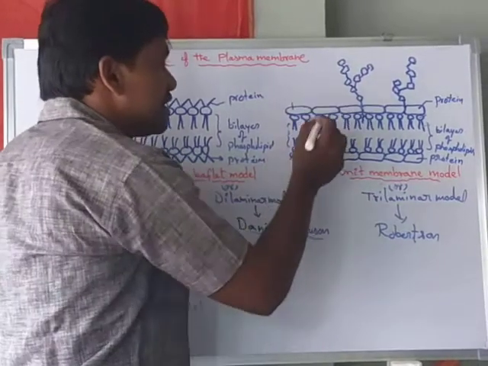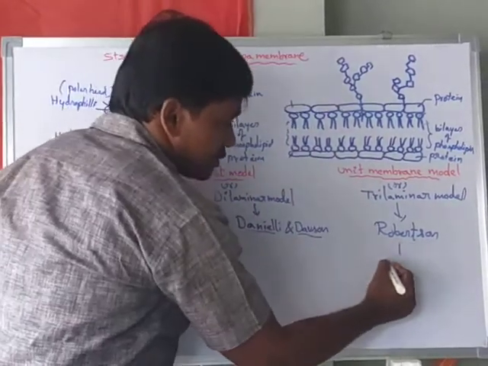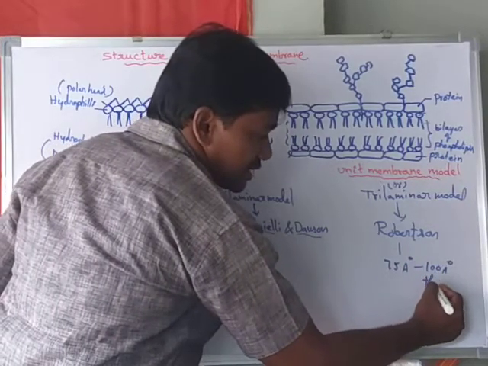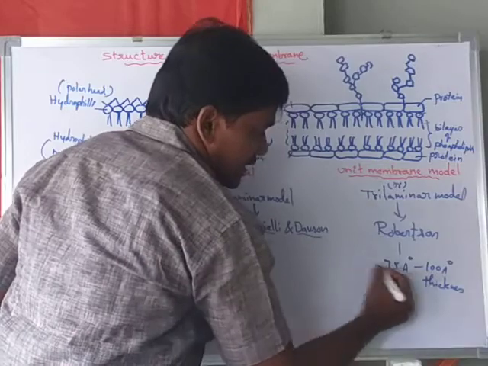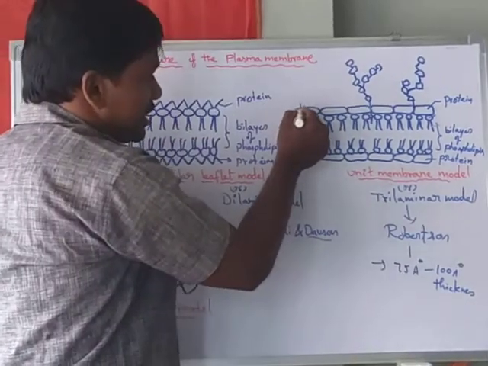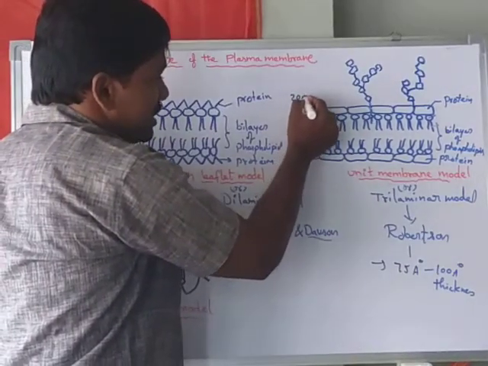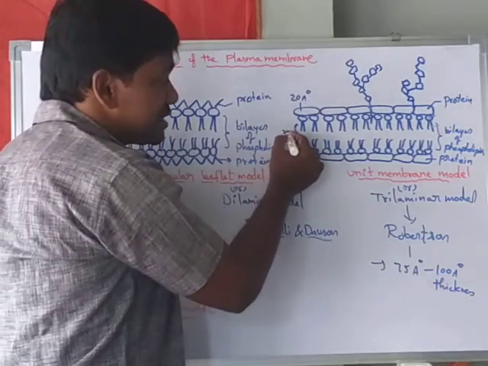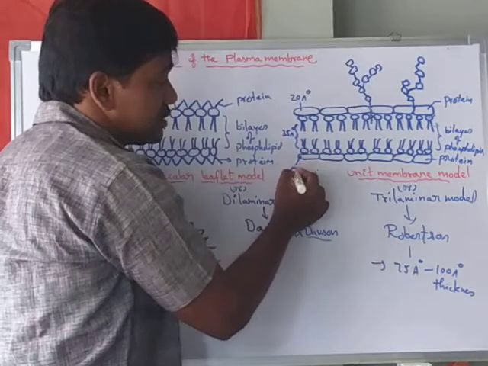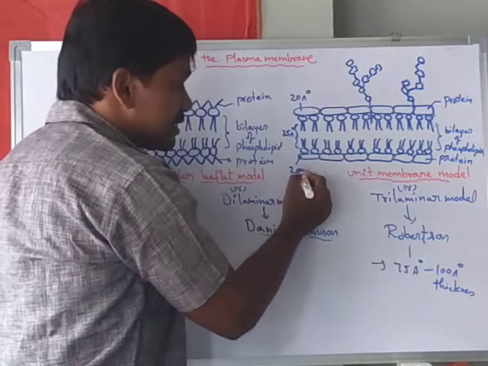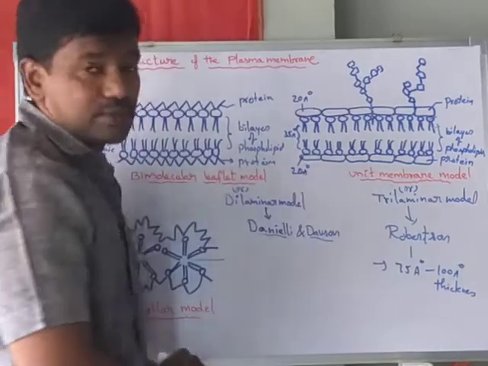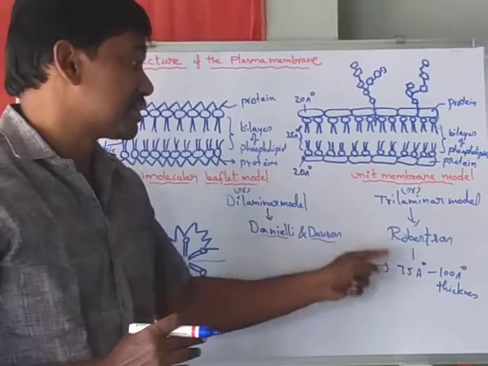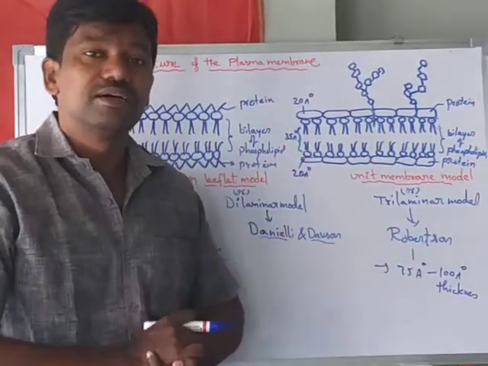Here the protein layer is 20 angstroms, the phospholipid bilayer is 35 angstroms, and the other protein layer is again 20 angstroms.